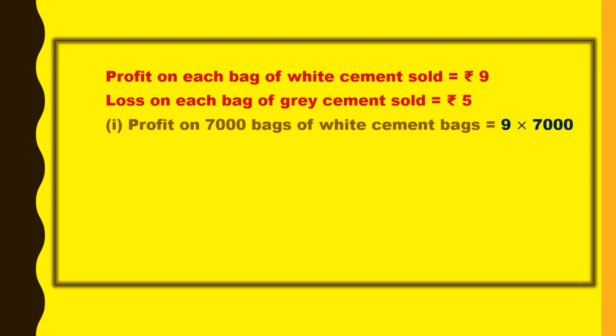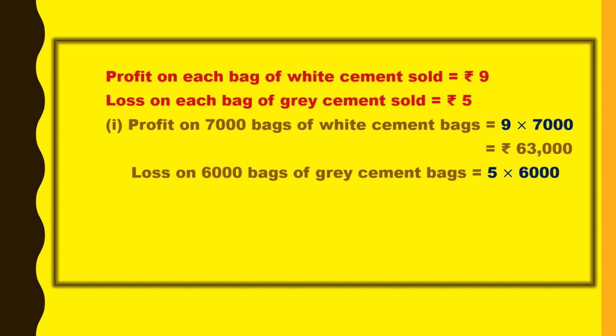For the white cement bags the company is in profit. For 7,000 bags we multiply 7,000 with 9, because for one white cement bag the company has a profit of 9 rupees. So 9 into 7,000 is 63,000 rupees. Similarly, we'll find the loss on 6,000 grey cement bags.